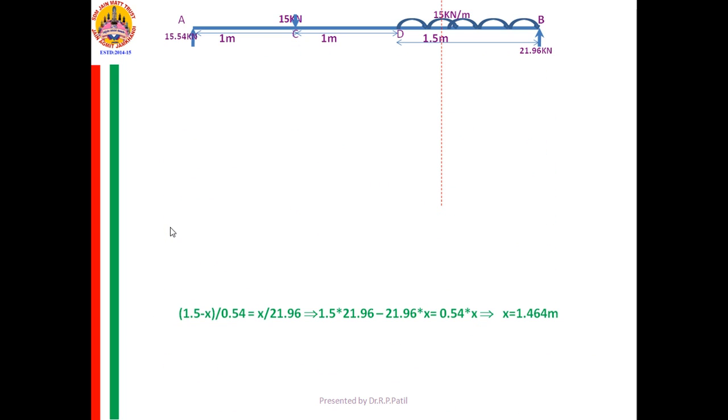The point of zero shear, whatever procedure I am explaining here, that you need to understand clearly. What he says is between D and B, somewhere the point of zero shear is there. That point where it is, I need to calculate it. Then there I need to calculate the bending moment, so that I will get the maximum or minimum value of the bending moment.